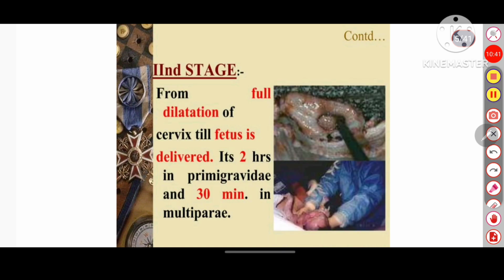The second stage is from the full dilatation of the cervix till the fetus is delivered, and it's about 2 hours in a primigravida and 30 minutes in a multipara.